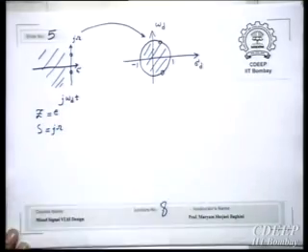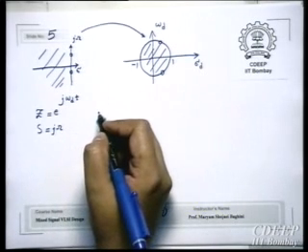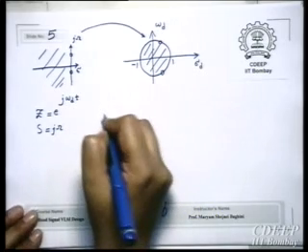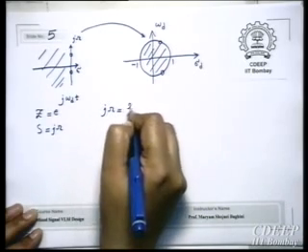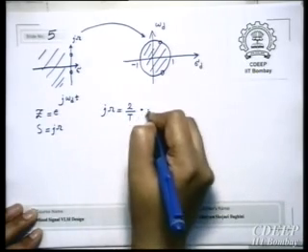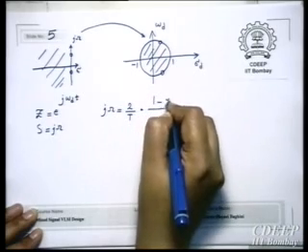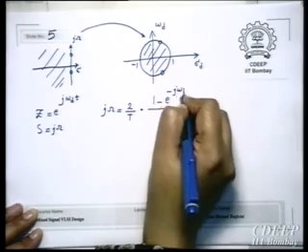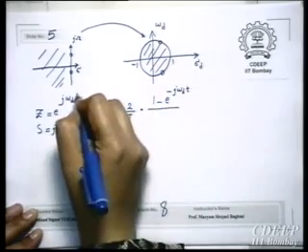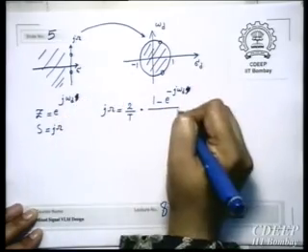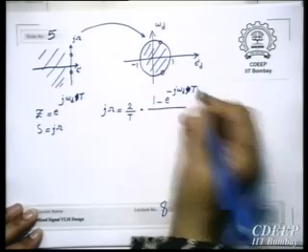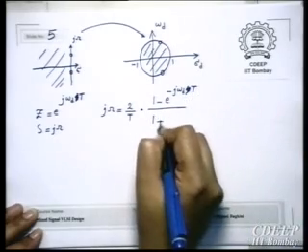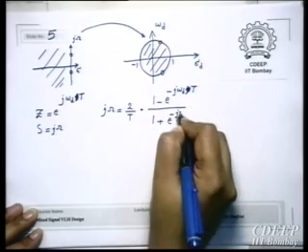If you just consider these two, the relation was j omega is equal to 2 upon T times (1 minus z inverse) upon (1 plus z inverse), which will be (1 minus e to the power minus j omega D) upon (1 plus e to the power minus j omega D).